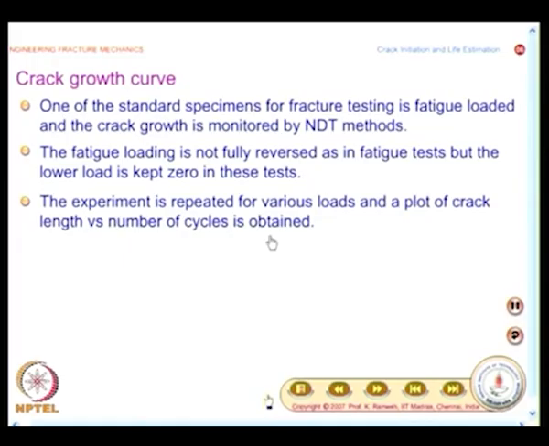See, essentially you will be collecting voluminous data for a single material. You will have to keep changing the load amplitude, and for each one of the load amplitudes you will have a different type of crack growth curve. Now, the challenge is how will you utilize this data in a meaningful way.